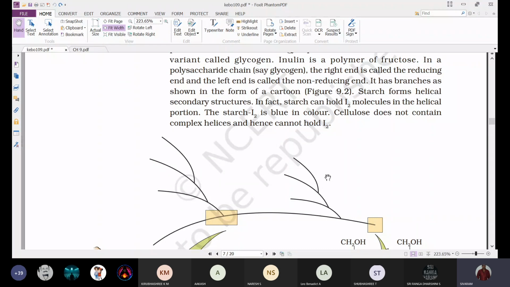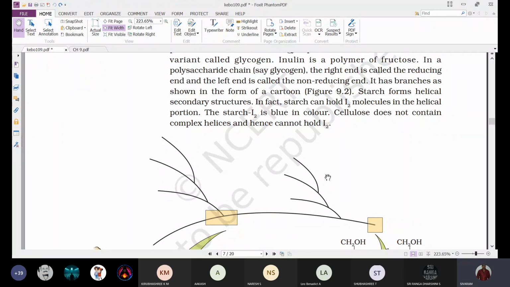As we already said, the number of glucose molecules usually present in starch ranges from 900 to 1000. So as it is a long linear structure, what happens? This starch will coil around itself.